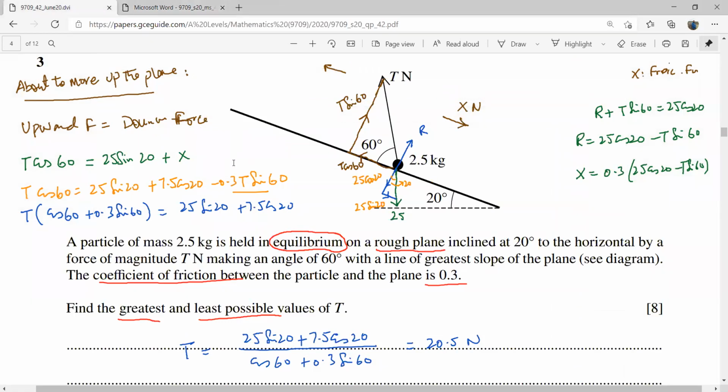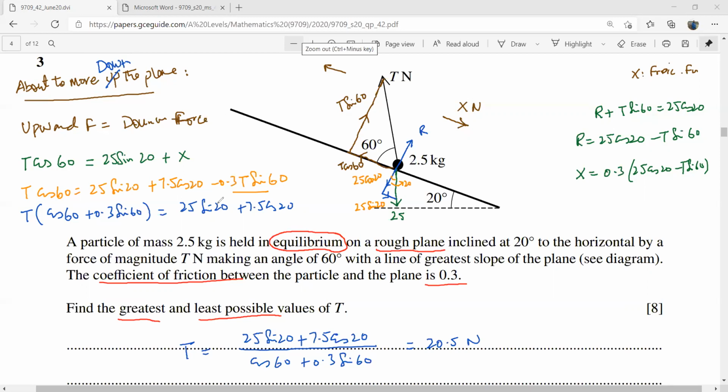Now you have to tackle the downward situation. First of all, you will have a new heading, about to move down the plane. I'm just going to make some amendments here. Now, will your frictional force change?